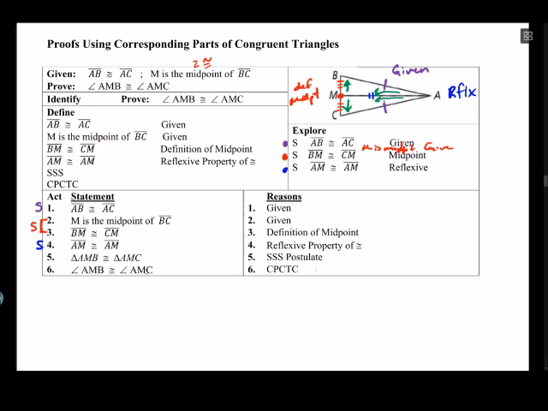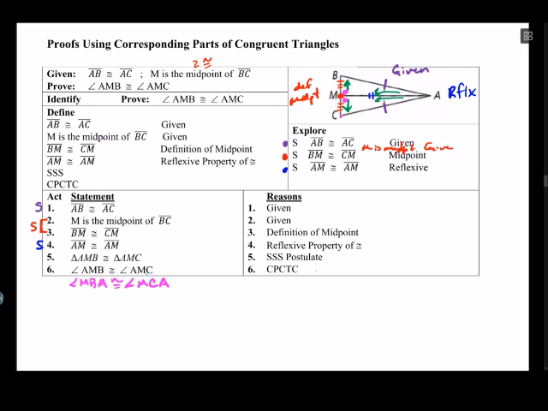And we want to prove that angle AMB, this angle right here, is congruent to this angle right here. And that is easily done because corresponding parts of congruent triangles are congruent. We could also prove that angle MBA is congruent to angle MCA.